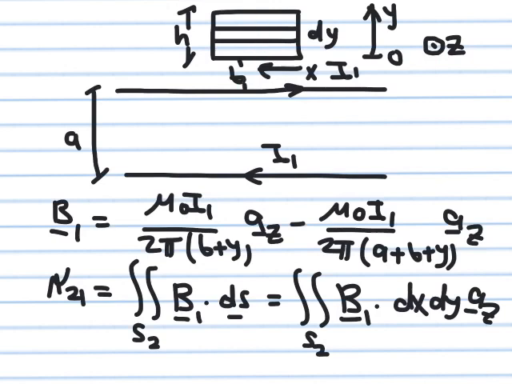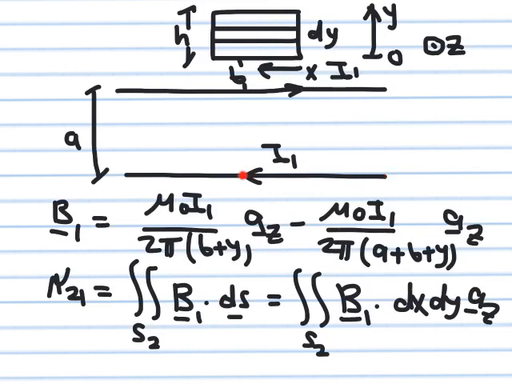The distance between this wire and any point inside this coil, I'm going to call b plus y. Y is 0 here, so y goes from 0 up to infinity. So the distance between this wire and every point inside this smaller coil is b plus y, and the magnetic field it creates is in the Z direction.